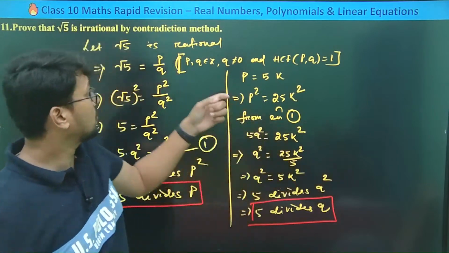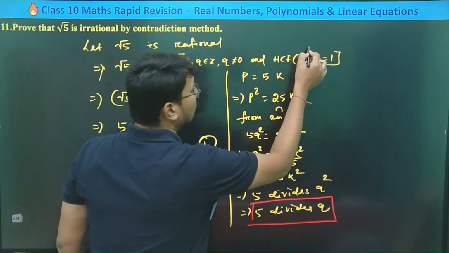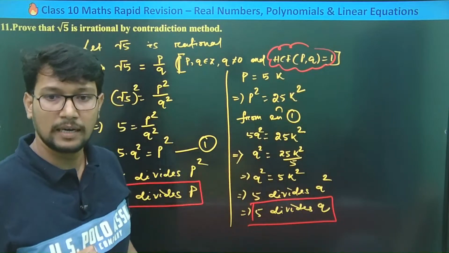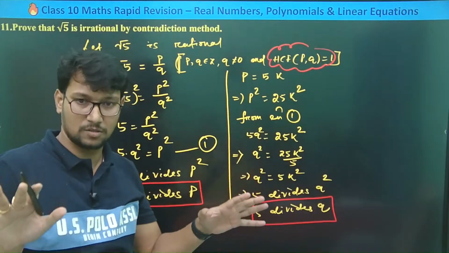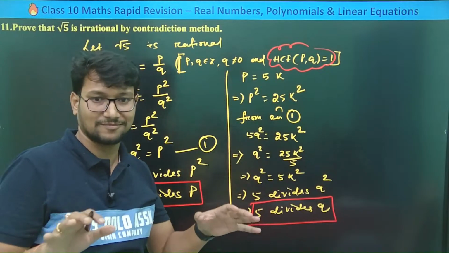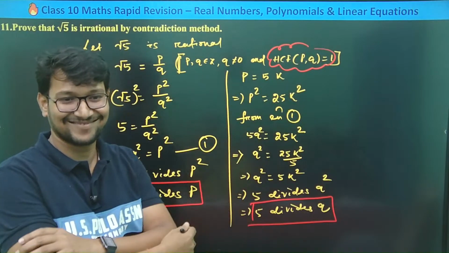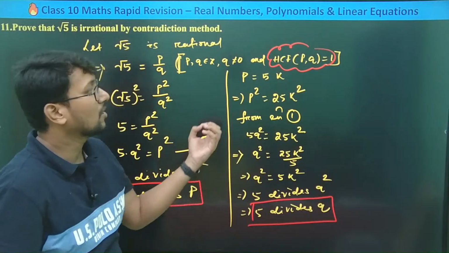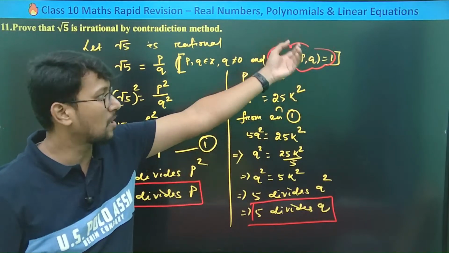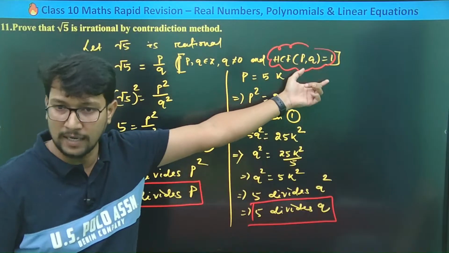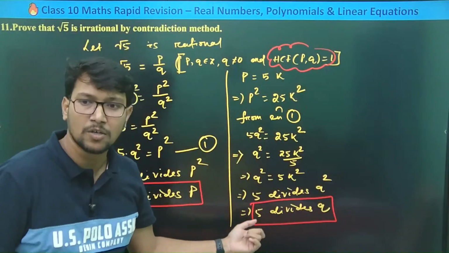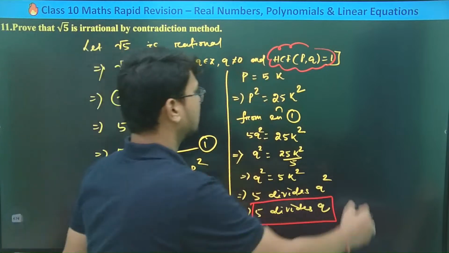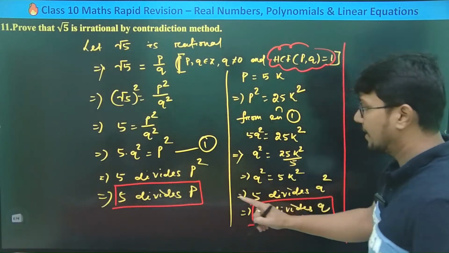But what did we take as the common factor of p and q? We took the highest common factor of p and q as 1. So it contradicts our assumption. Write that statement, it is very important.